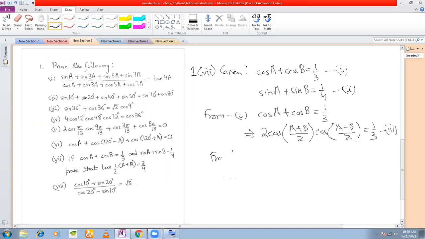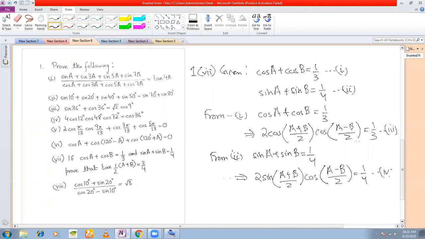Also from 2, you have sin A plus sin B is equal to 1/4. You change this to a product: 2 sin (A plus B)/2 cos (A minus B)/2, which is equal to 1/4. Call this 4, right?